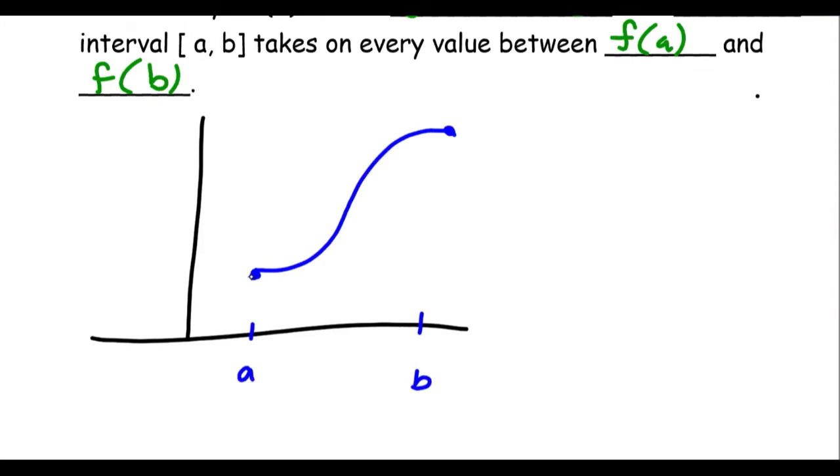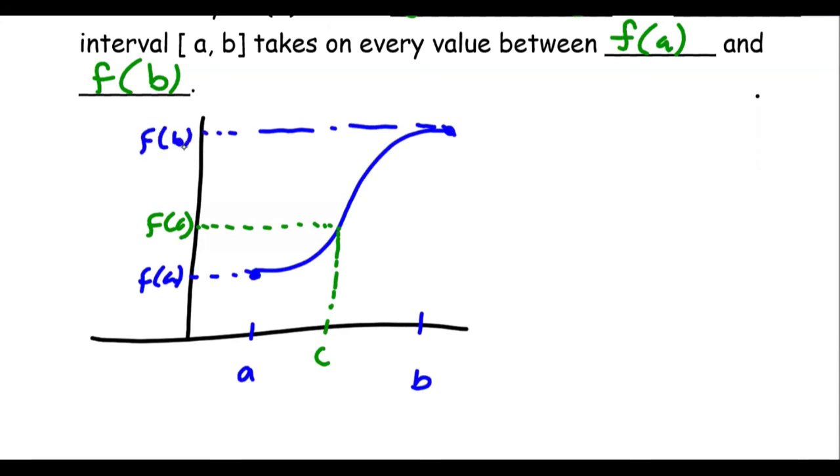Notice that the requirement is it has to be continuous. So I can't have any points of discontinuity from A all the way to B. That has to be continuous. If that is continuous from A to B, we can conclude, this is the conclusion, I can pick any x value in that interval, any x value I want, and I am guaranteed to find a y value that is between the y value of f of a and the y value of f of b.